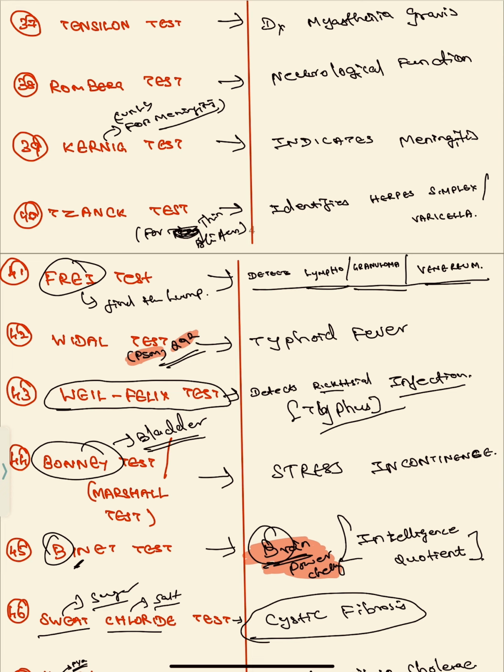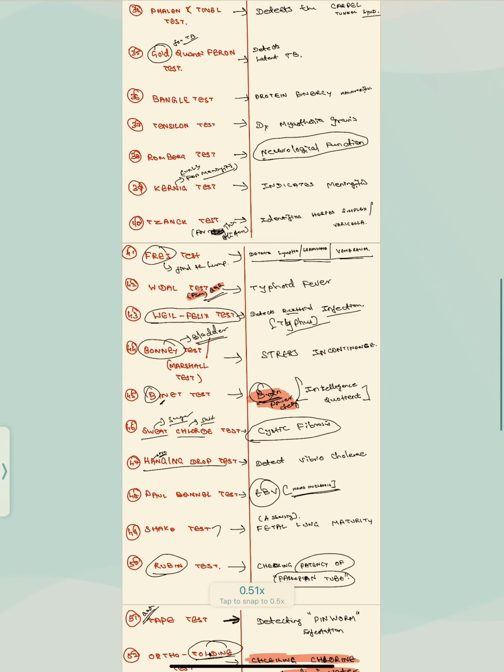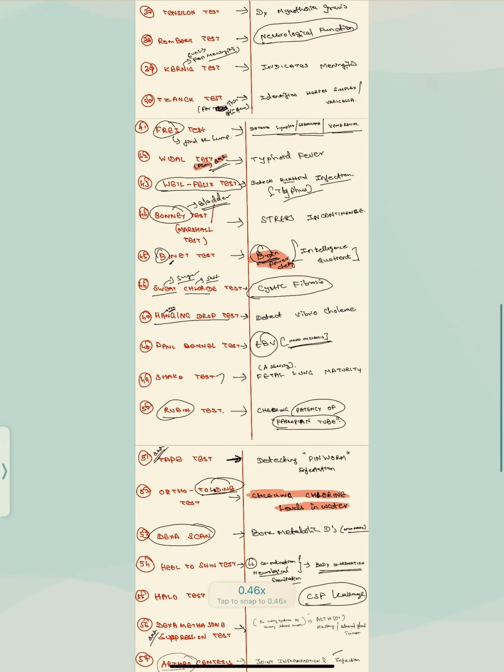Kernig test, indicator of meningitis. Okay, Kernig's for Kernig's. Kernig's is considered as a clue for meningitis. Romberg test. Romberg test is also for neurological function. Romberg test is for neurological function.